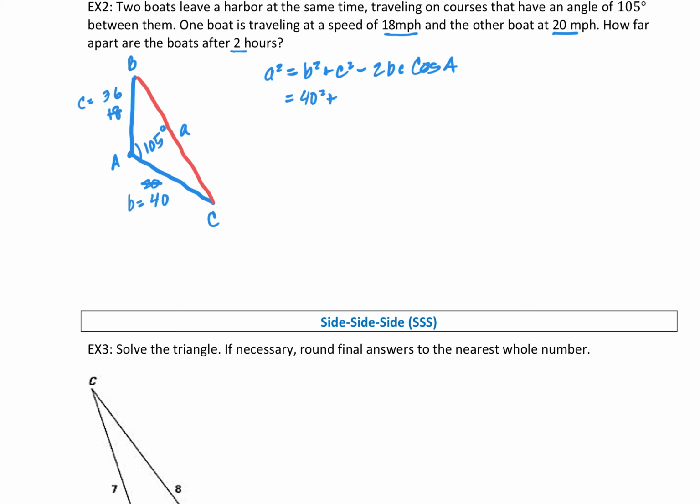Plus C is 36, so 36 squared minus 2 times 40 times 36 times cosine of 105 degrees. Maybe I'll do some intermediate math. 40 squared plus 36 squared would be 2896 minus 2 times 40 times 36, 2880 times cosine of 105 degrees.